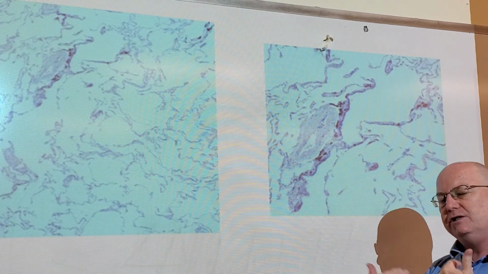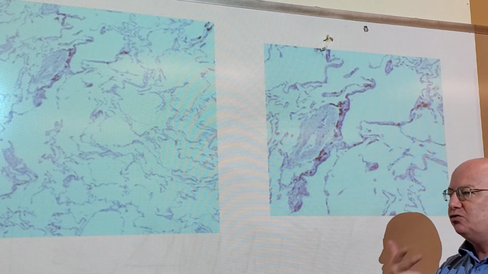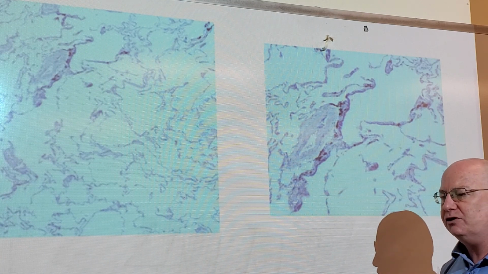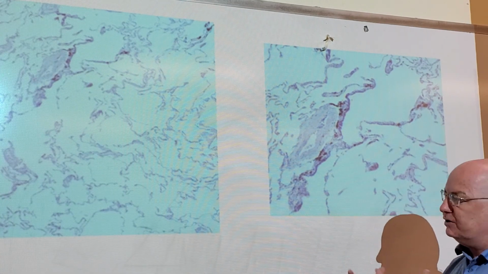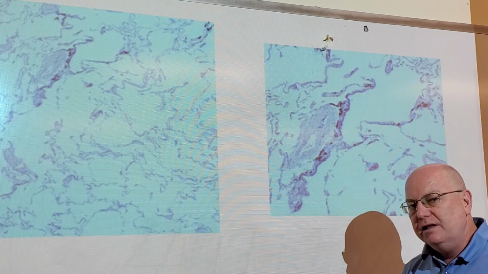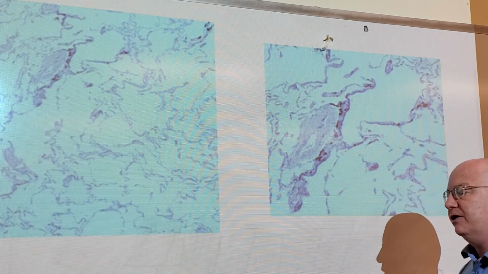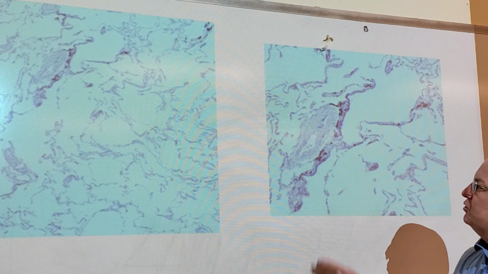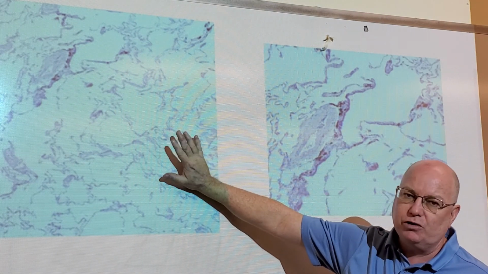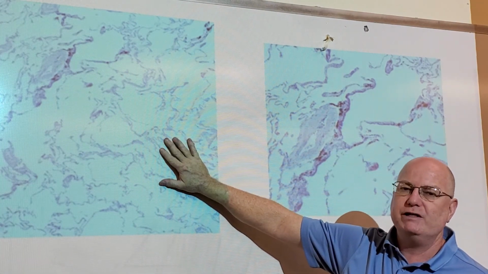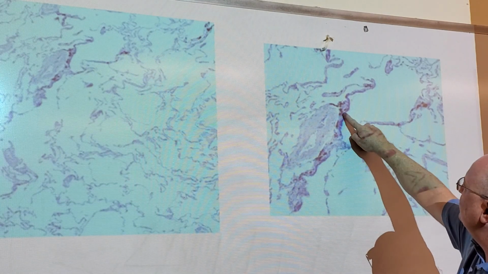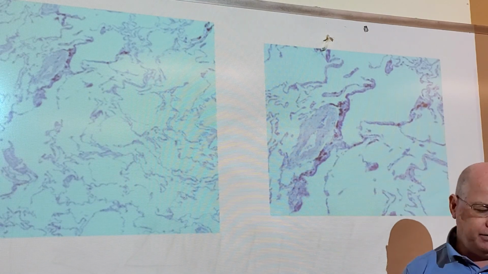You lose the ability to exchange gases. That's why people who are heavy chronic smokers, over years and years, they lose surface area of their lungs. They become very winded because they can't get rid of the carbon dioxide and get fresh oxygen to their tissue. So this would be a smoker's lungs, someone who has emphysema, and you can see the tar deposits in there. Anyway, kind of interesting.